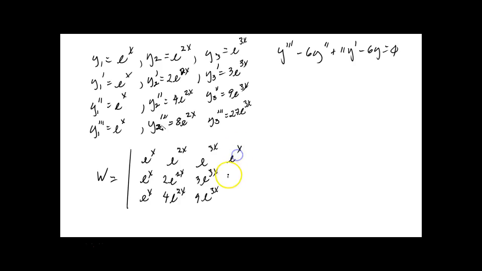e to the x, e to the x, e to the x. That was easy enough. e to the 2x, 2e to the 2x, and 4e to the 2x. Right? Now, down diagonals, when I multiply these together, that gives me 18.